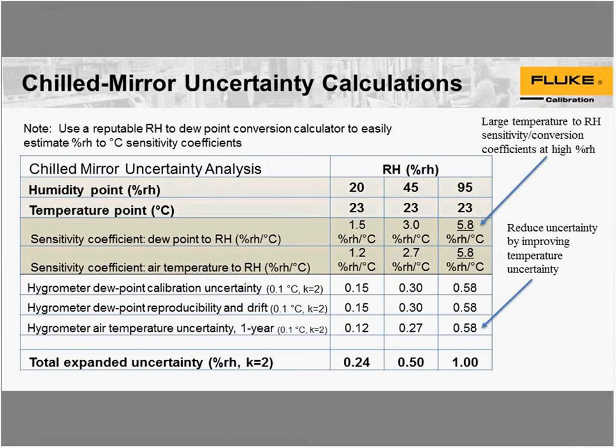So 0.1 degree accuracy in dew point is a 5.8% RH value or accuracy at 95%.